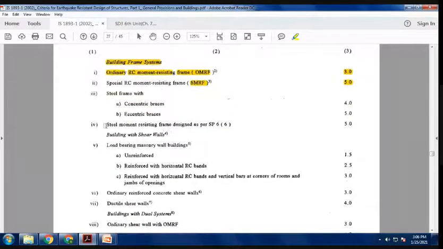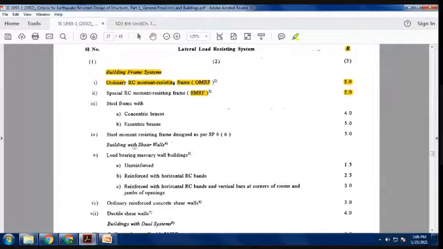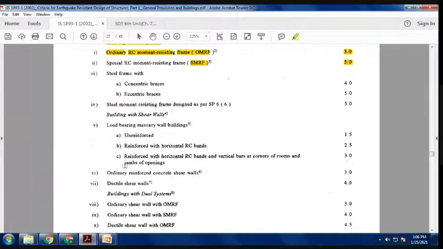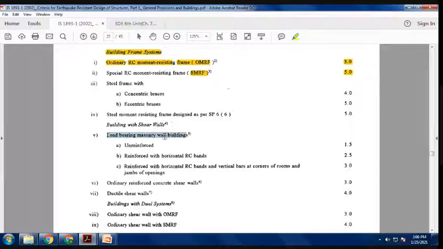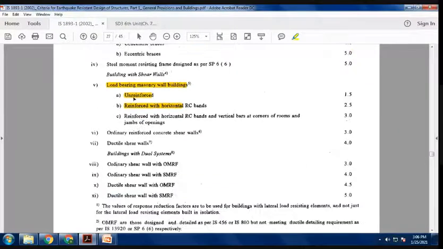And also here we have different types of conditions. So this one is for our building frame structures. Here we have load bearing masonry buildings. Load bearing means without columns. There also we have unreinforced, and reinforced with horizontal RC bands. We have different conditions.